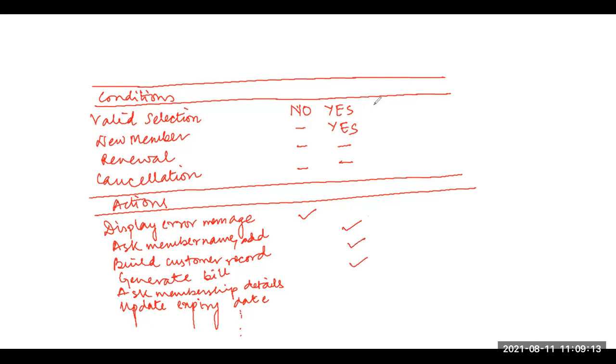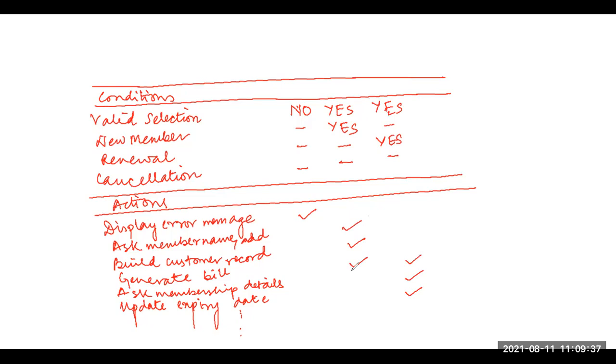When the valid selection was yes, and we are opting for renewal, then what happened? Then it asked for membership details. It updated our expiry date, and again it generated the bill.